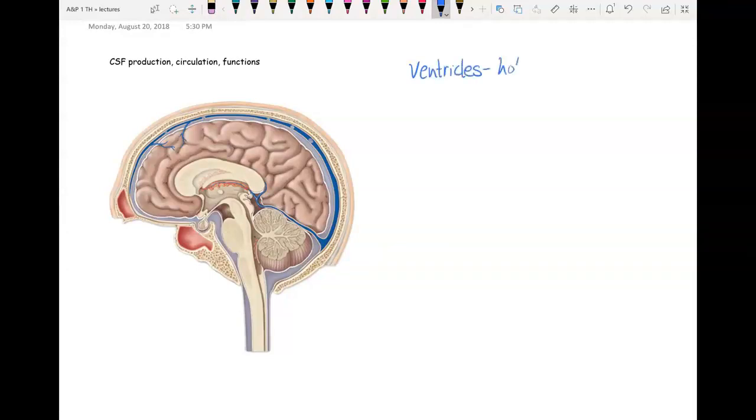These are hollow areas in the brain. And this is where you make cerebral spinal fluid. And within these ventricles, there's a special structure called a choroid plexus.